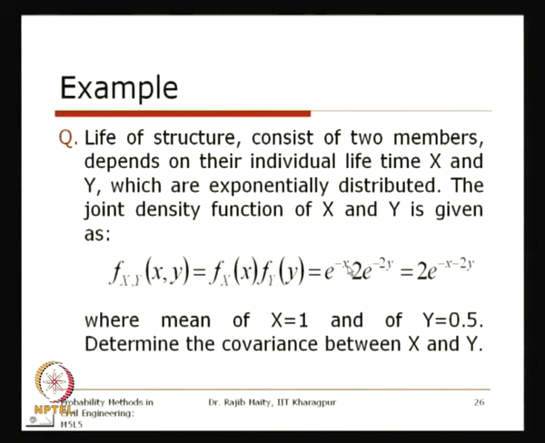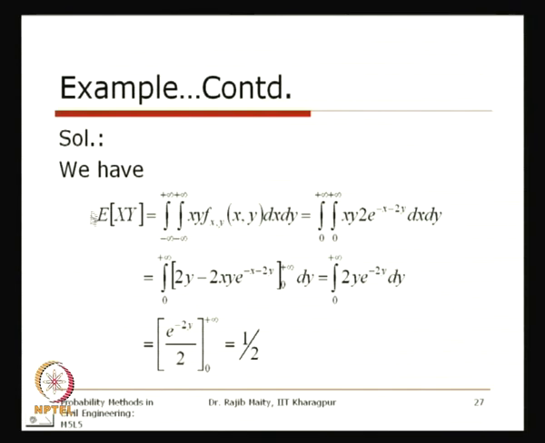So, here the mean of x is equal to 1 and the mean of y is equal to 0.5, that is 1 by 2. So, these two pieces of information are already known to us. The only thing we have to calculate is the covariance, that is, we have to calculate the expression of E of x y, and from there we can calculate the covariance.